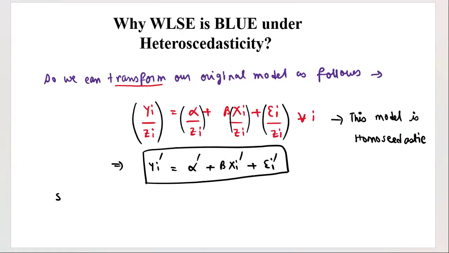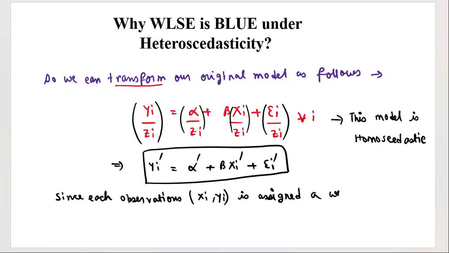So you can write, since each observation xi, yi is assigned a weight. What is the weight? Weight is simply 1 by zi here. If you see here, xi is given a weight of 1 by zi, epsilon i is given a weight of 1 by zi, and alpha is also given a weight of 1 by zi.